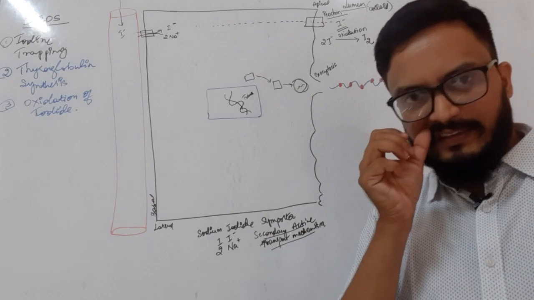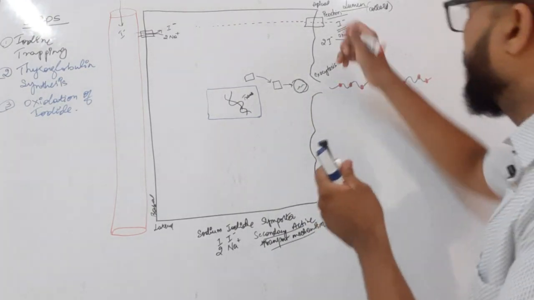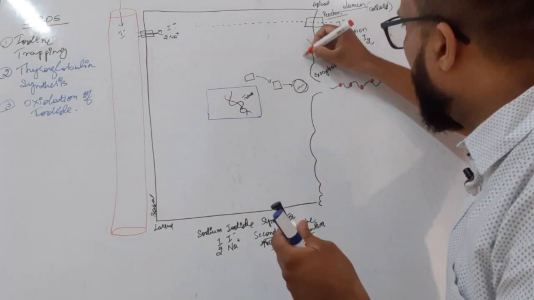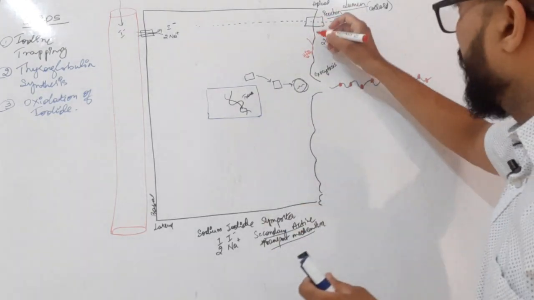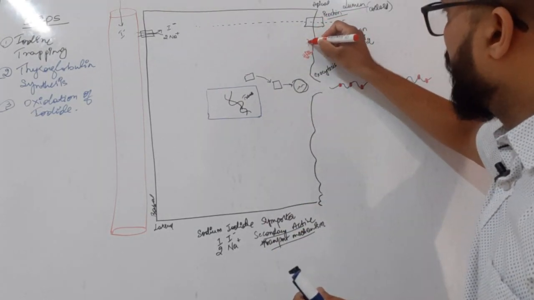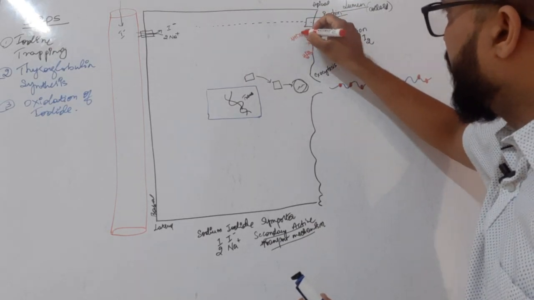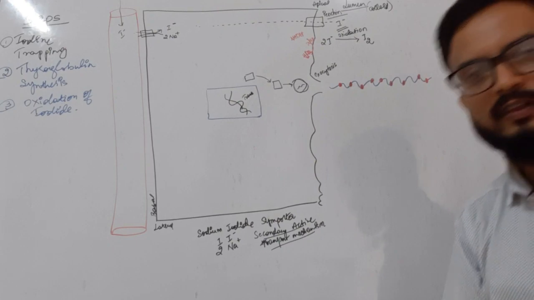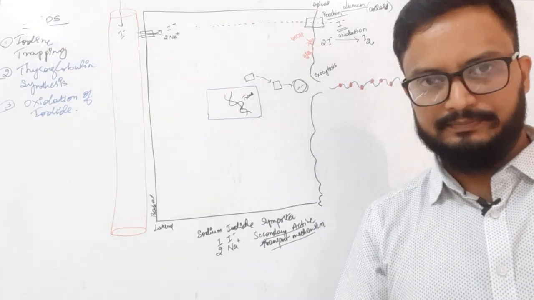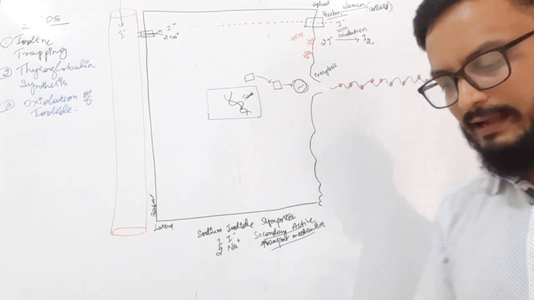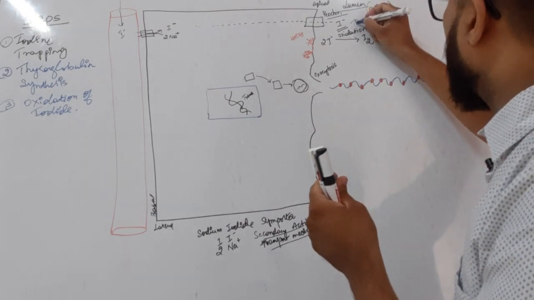This process will occur with the help of H2O2. We have already seen that H2O2, hydrogen peroxide, is produced at the apical surface by a flavoprotein called dual oxidase, which is NADPH dependent. This hydrogen peroxide acts as an electron acceptor. This reaction is catalyzed by thyroid peroxidase.